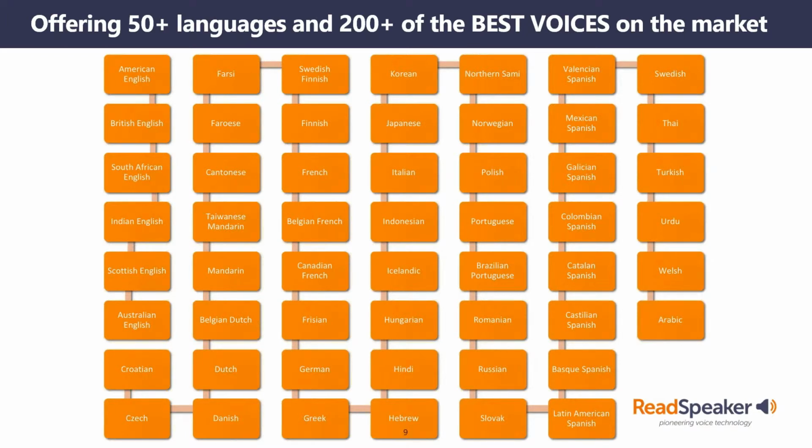When we talk about worldwide presence, we offer our TTS services in more than 50 languages. So this is just a snapshot of the languages that we offer, where the content on the screen is in French, for example. We will read back in a native French voice that audio with follow-along highlighting.